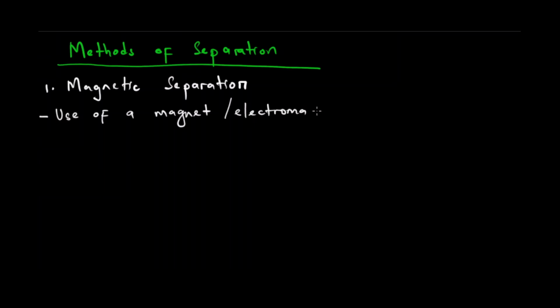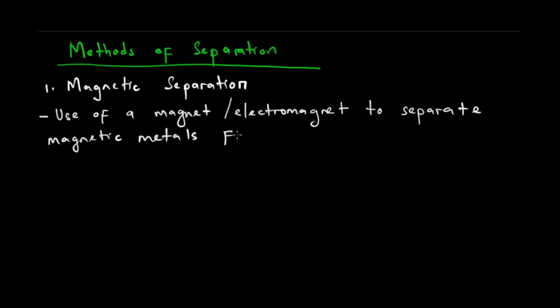So use of a magnet or an electromagnet to do what? To separate magnetic material, kana magnetic metals, from non-magnetic material.